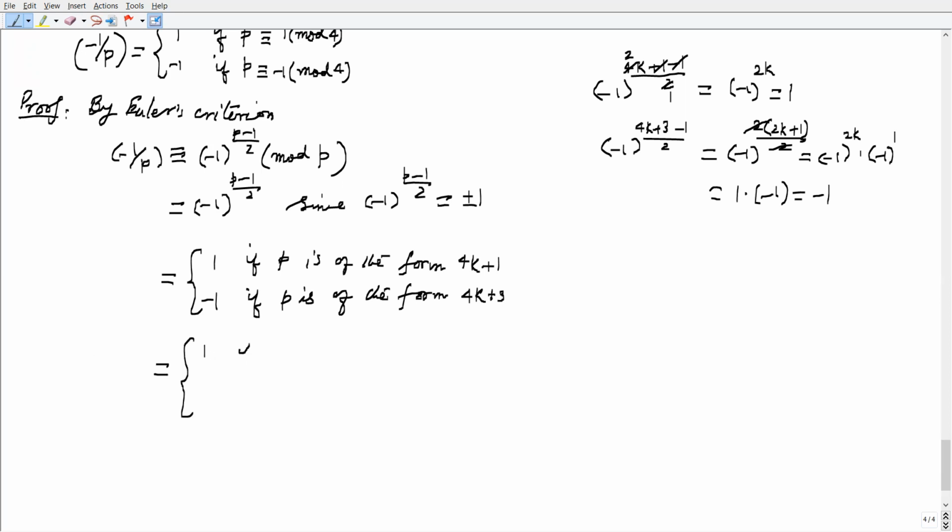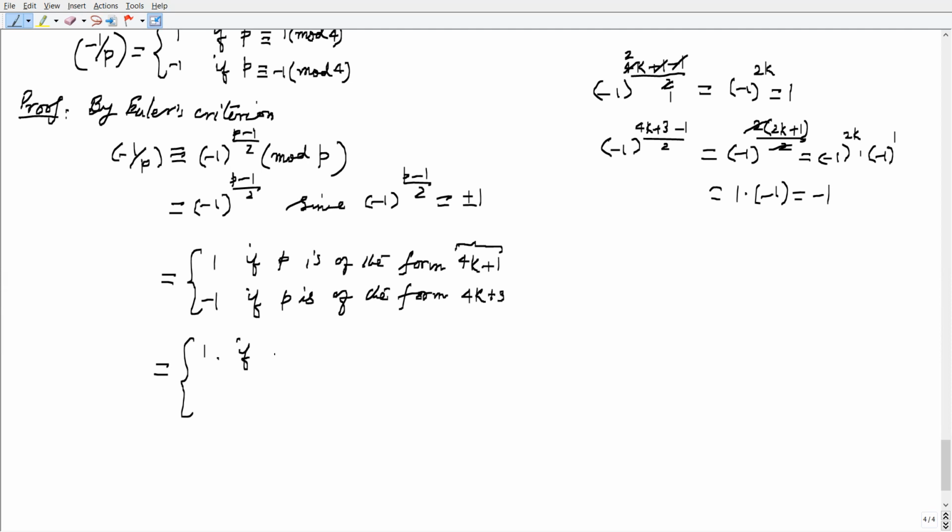Case 1: if p is of the form 4k plus 1. Because p is in the form 4k plus 1, whenever we divide this number 4k plus 1 by 4, we get remainder equal to 1.